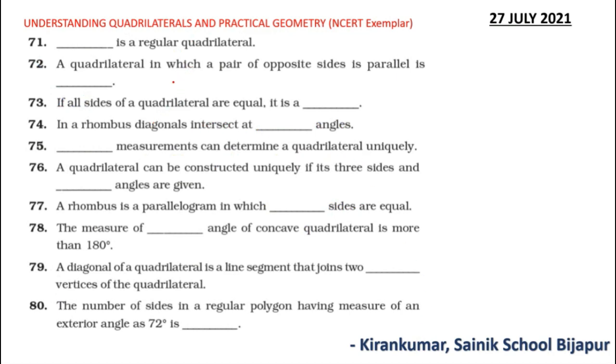71. Dash is a regular quadrilateral. Square is a regular quadrilateral, because there will be 4 sides which are of equal length and 4 angles which are of equal measure. Question 72. A quadrilateral in which a pair of opposite sides is parallel is a parallelogram.